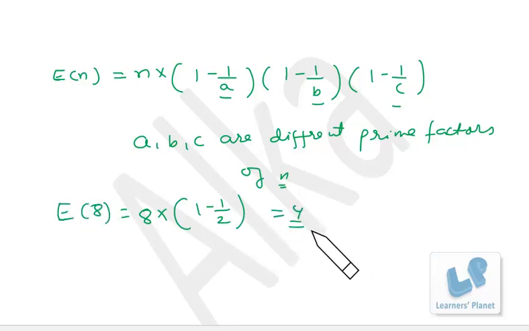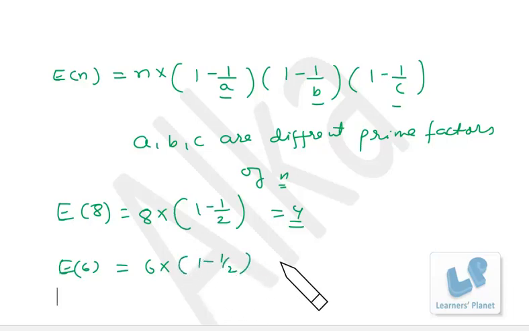That means there are 4 numbers below 8 which are co-prime to 8, and we have already calculated that manually. So I just verified this formula, and similarly we can go for 6 also. The Euler number of 6 is 6 into (1 minus 1 upon 2) and (1 minus 1 upon 3), since 6 is 2 into 3 and has two prime factors.